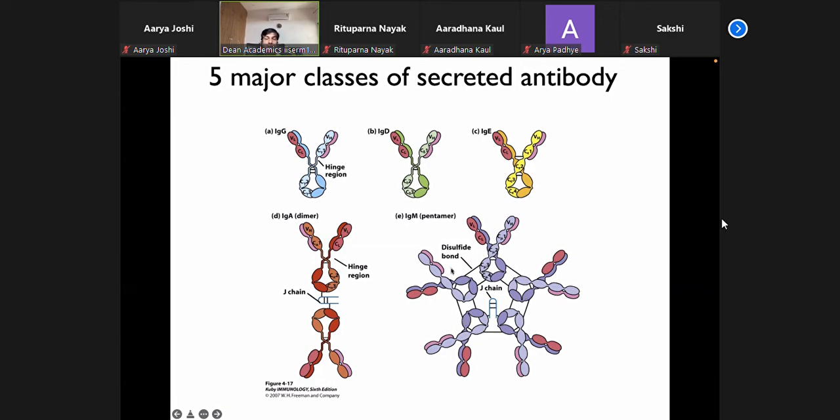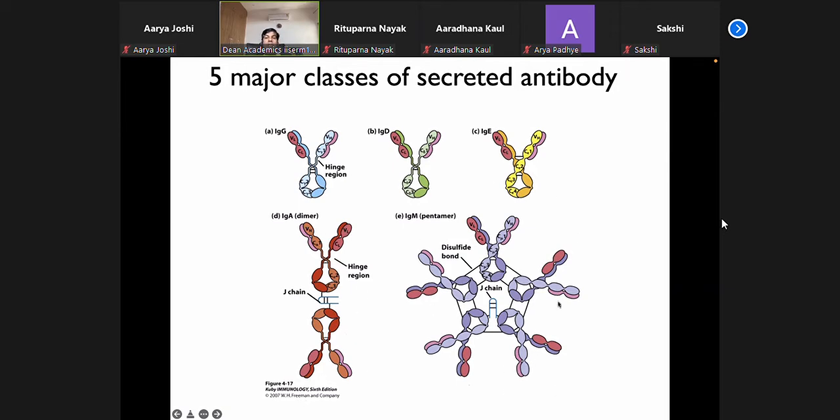Now you can see that in IgG, you have only 2 antigen binding sites. In IgD also, in IgE also you have 2 antigen binding sites, right? So that means 2 paratopes. In IgA, when it exists in dimeric form, you will have 4 of those, 1, 2, 3, 4.